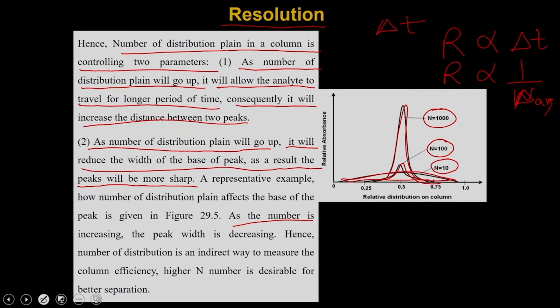So, as the number of distribution planes increases, the width decreases, hence the number of distribution planes is an indirect way to measure the column efficiency. A higher number is desirable for better separation.